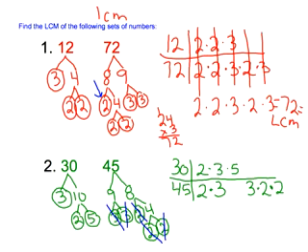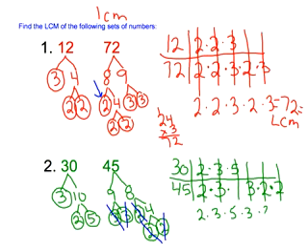But now this is where we do our lowercase l's, bring down every number that's represented. So lowercase l, lowercase l, lowercase l, lowercase l, lowercase l, lowercase l, which gives me 2 times 3 times 5 times 3 times 2 times 2.